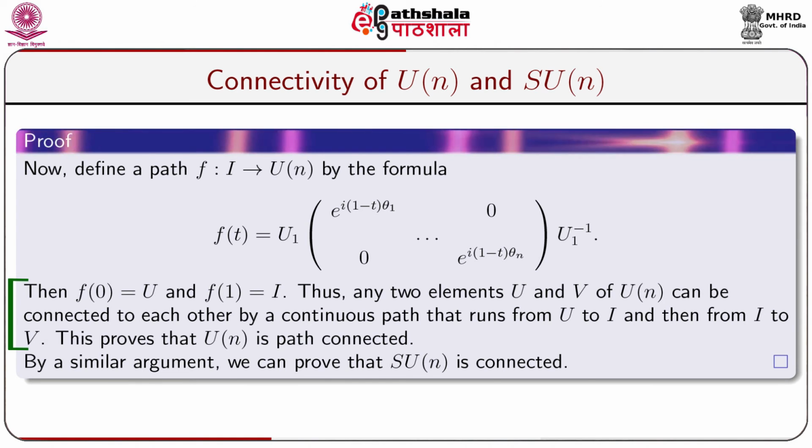So we get a path from U to the identity matrix. This shows that it is possible to find a path in the group U(n). Similarly, we can find a path also in SU(n). Therefore, we can prove that U(n) and SU(n) are path connected.